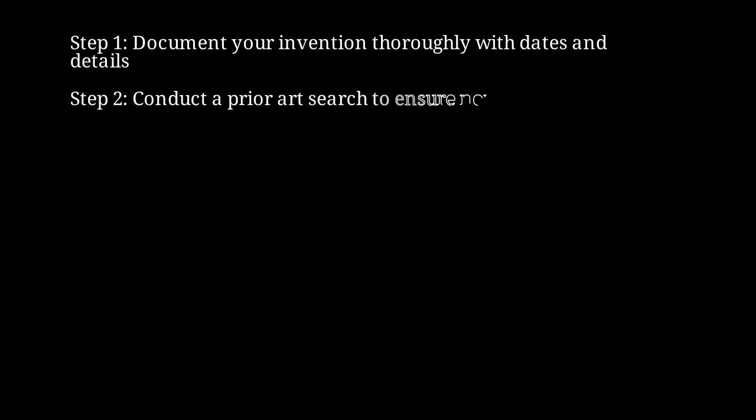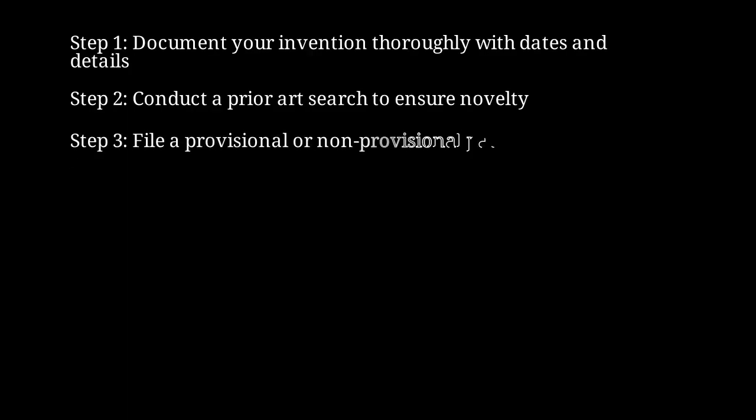Step 2 involves searching existing patents and publications to ensure your invention is truly novel and non-obvious. Step 3 is filing your application. A provisional patent gives you a year to prepare the full non-provisional application. The cost of obtaining a patent typically ranges from $5,000 to $15,000, including attorney fees and filing costs.